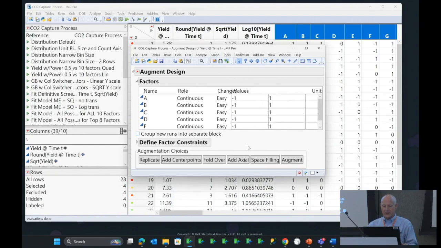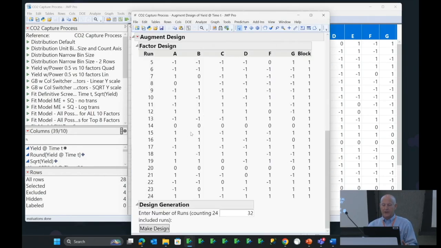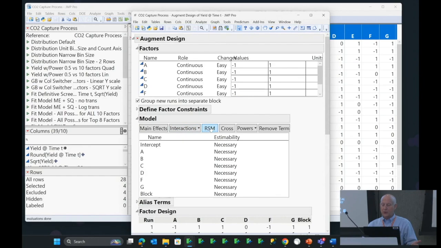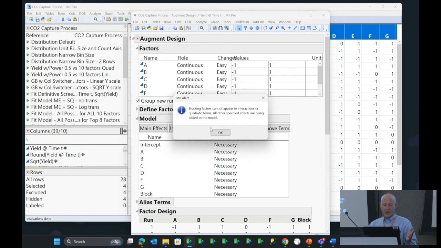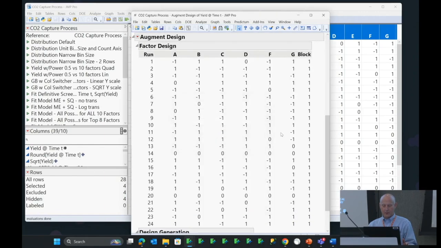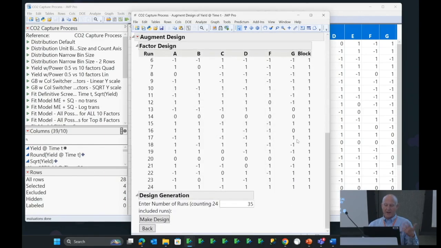And there's no constraints. And so again, anytime you do this, you probably want to add a block factor. The only thing now is I want to make this a full RSM in all of these factors. So when I do that, that message was just the blocking factor doesn't go in with those additional. And I'll make this 36, so I'm adding 12 onto my original 24, and I'll make the design.